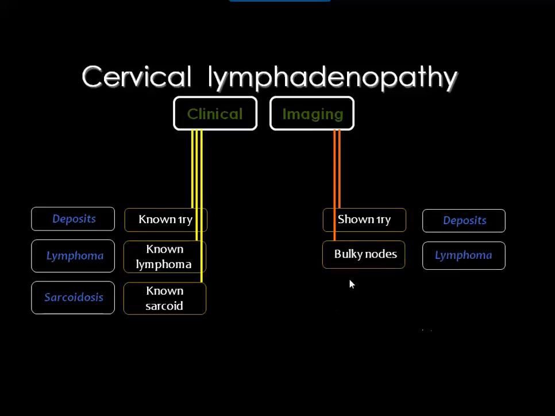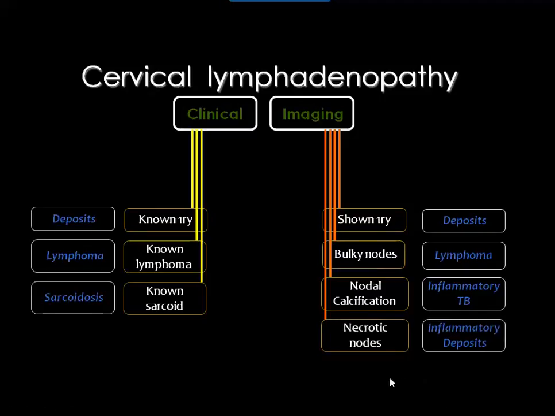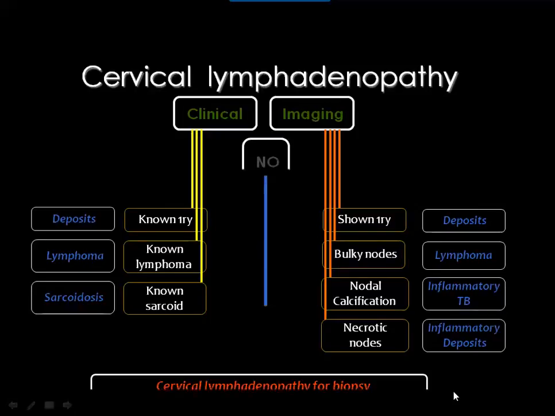If you see bulky, homogeneously enhanced nodes that are amalgamated, you think of lymphoma. If you see nodal calcification, you think of inflammatory lesions, although you know that some of the malignant conditions may show nodal calcification. And if you see nodes with a necrotic center, you consider the two possibilities, inflammatory nodes and metastatic nodes.